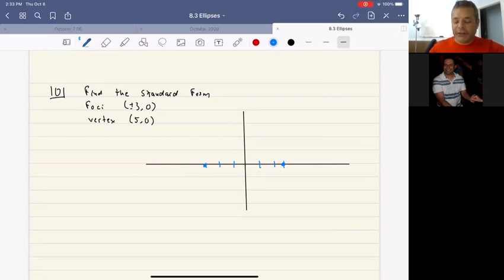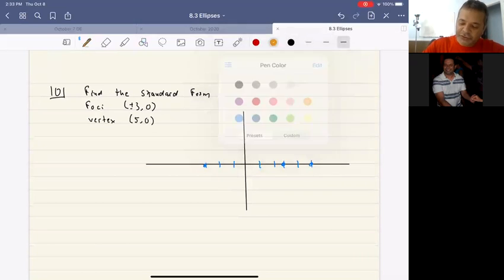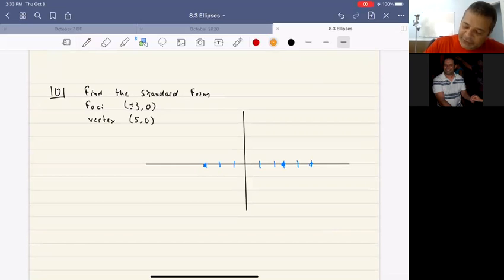We have a vertex here at 5. Let me draw this as an ellipse. So I know that this point is going to be on there. Let's go ahead and decide what those other points are.